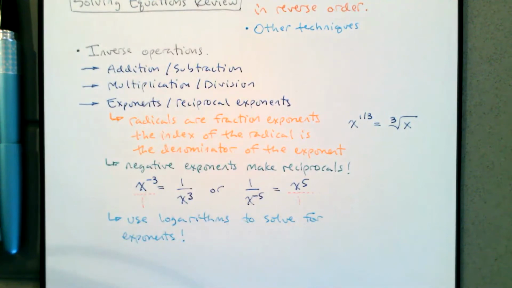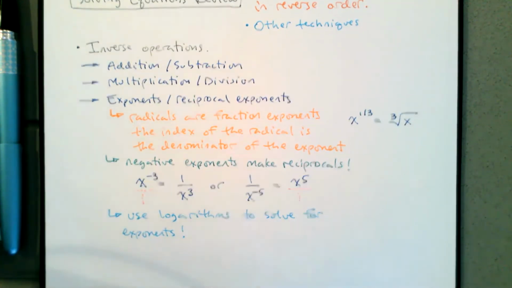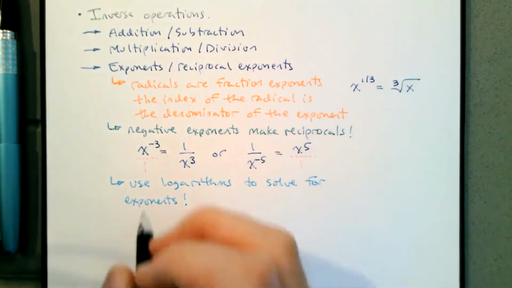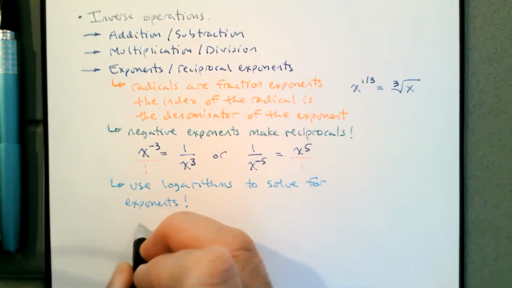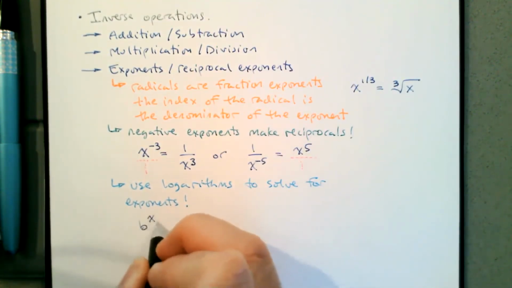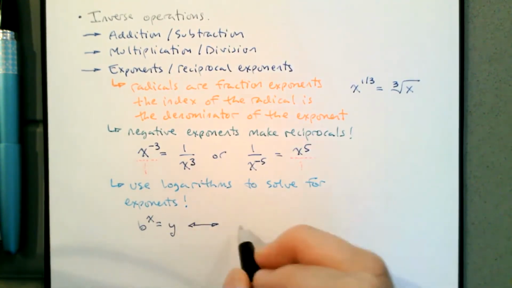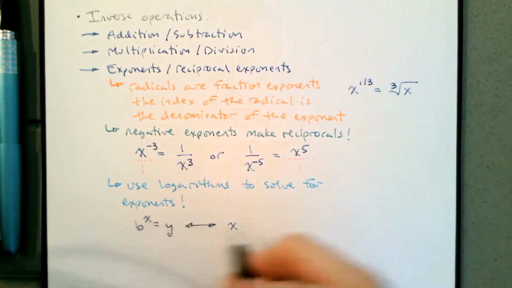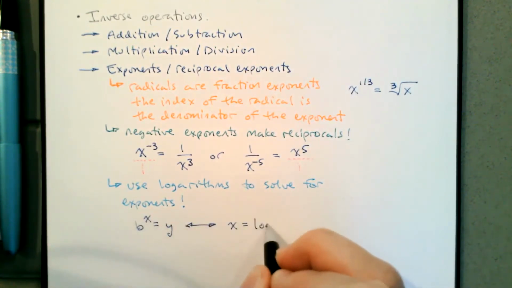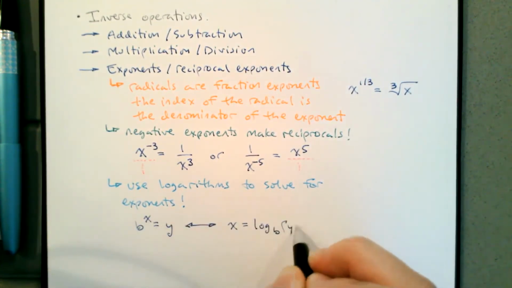So in the other exponent equation category, if the variable is the exponent, then we use logarithms to solve for the exponent. This is how we turn things around. For example, if we have b to the x is equal to y, this means that to figure out what the exponent x is, we write the log base b of y.